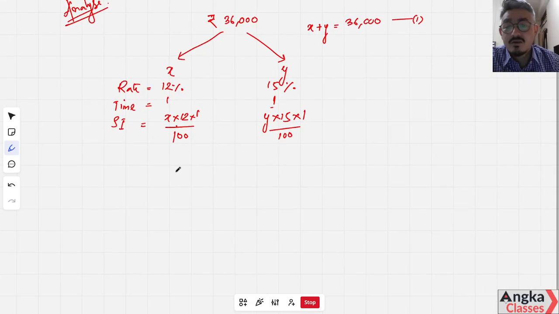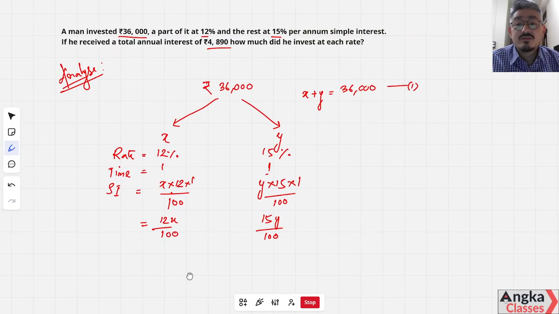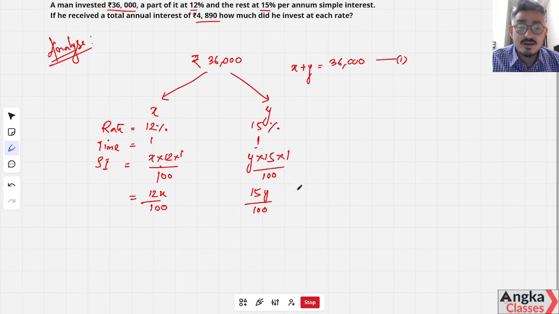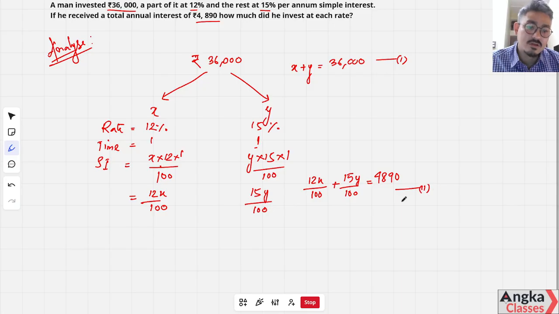So we get 12x by 100 and 15y by 100. The total interest is 4,890, so the second equation is 12x by 100 plus 15y by 100 is equal to 4,890. We'll call this equation 2.